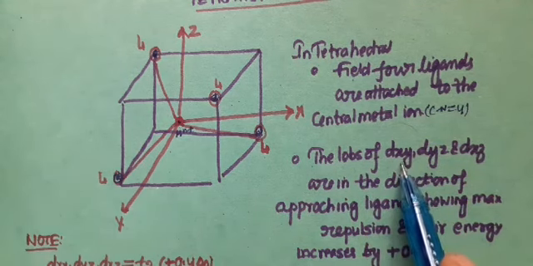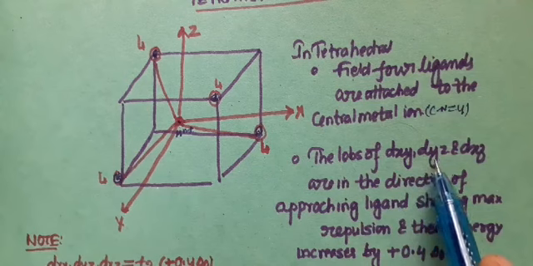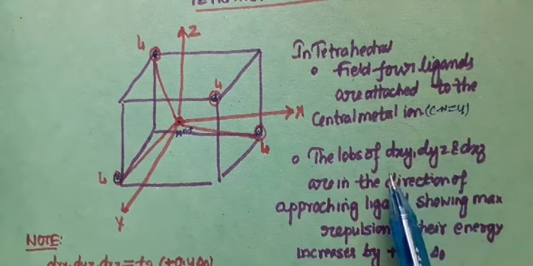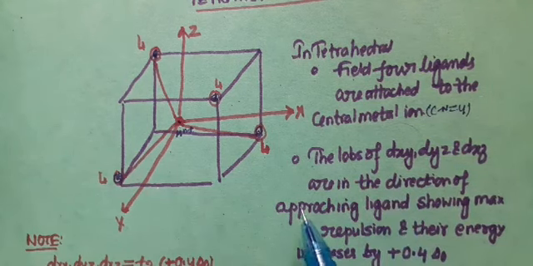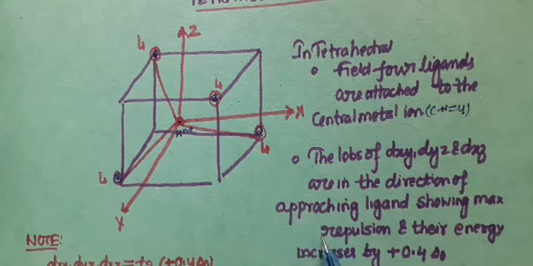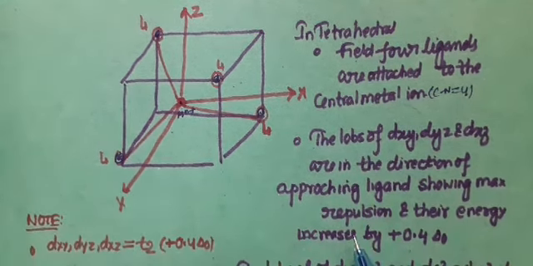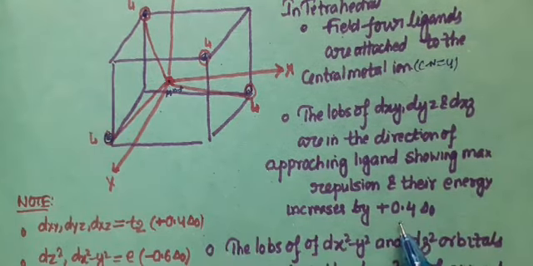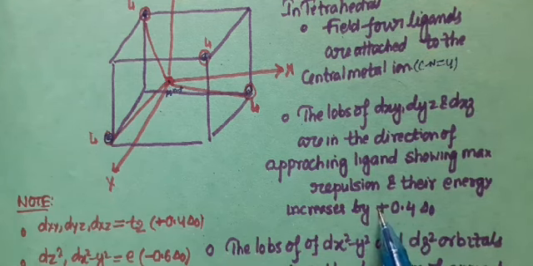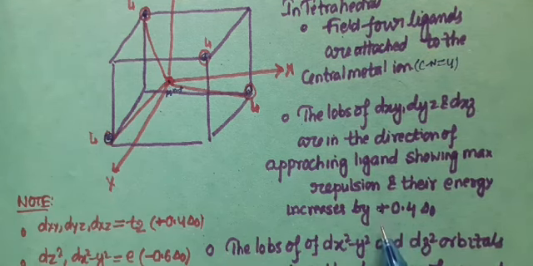Their lobes are completely in the direction of approaching ligand, as you see in the diagram, and as a result there will be maximum repulsion and their energy will increase by 0.4 delta O, an increase in energy represented by a positive sign.